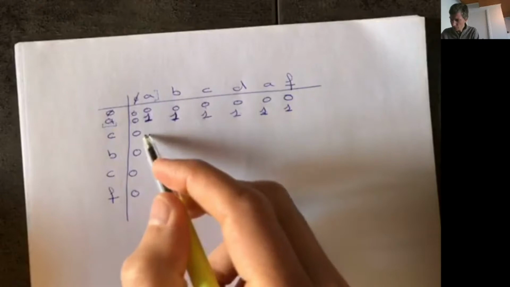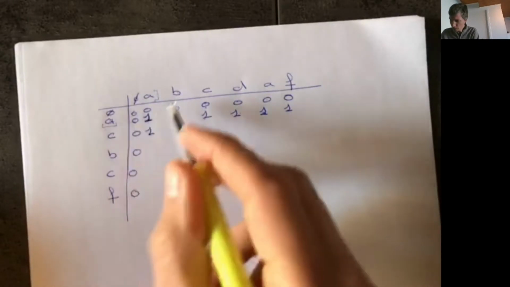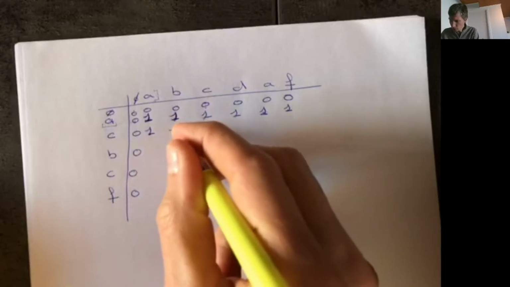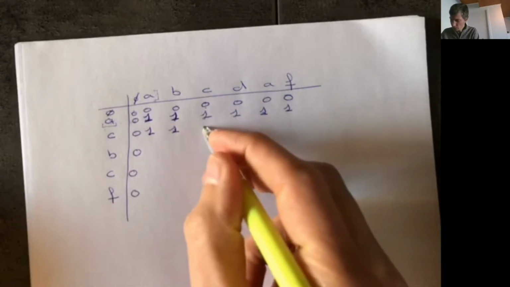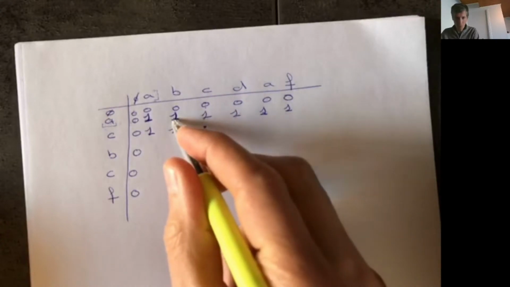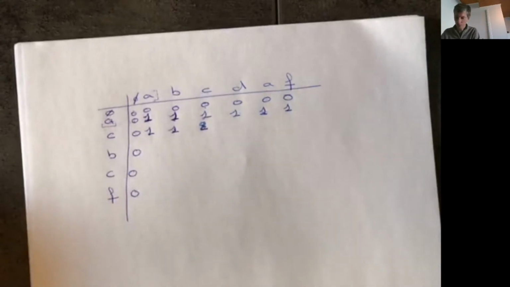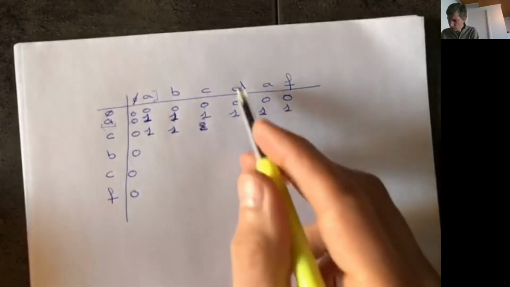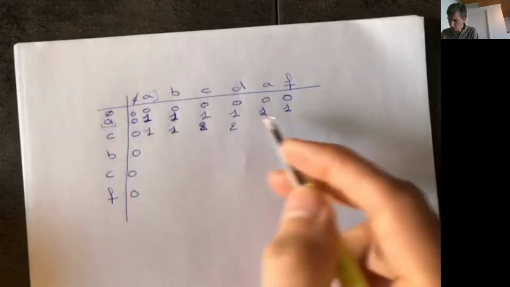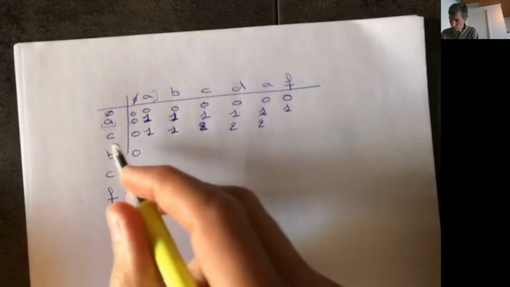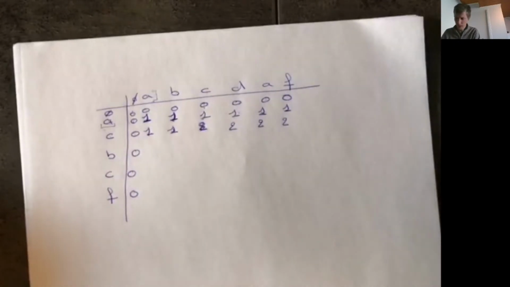So C is different from A, so it's a maximum of 0 or 1, which is 1. C is different from B, so I have 1 or 1, which is 1. C is equal to C. Okay, so I have the maximum of 1, 1, or 1 plus 1, which is 2. So here I have 2. C is different from D, so 2 or 1, which is 2. C is different from A, so I have 2. C is different from F, so I have maximum of 2 or 1, which is 2.